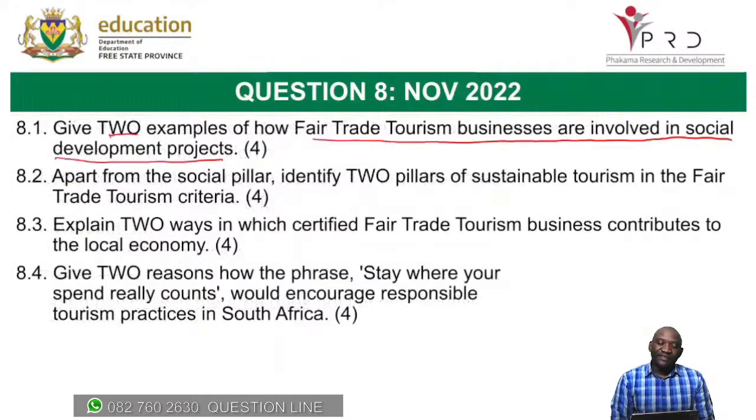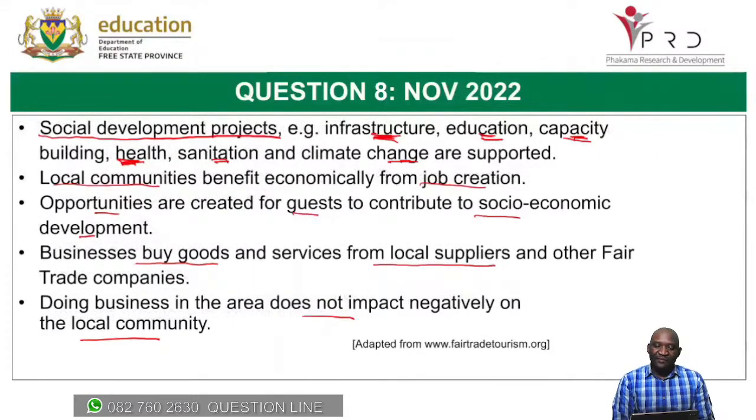Right, and then let's look at the second one. Apart from the social pillar, identify 2 pillars of sustainable tourism in the fair trade tourism criteria. So we're given a social pillar, but they're saying besides the social pillar, which other pillars do we have of sustainable tourism in the fair trade tourism criteria?